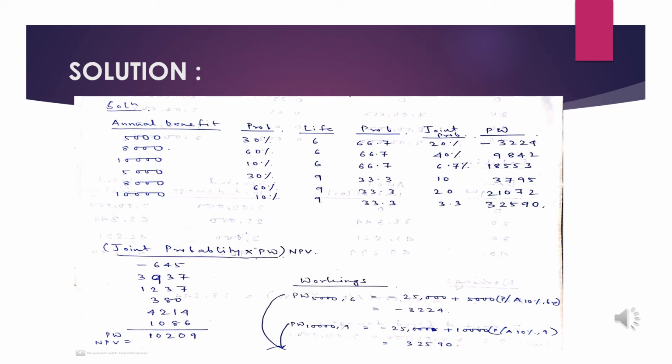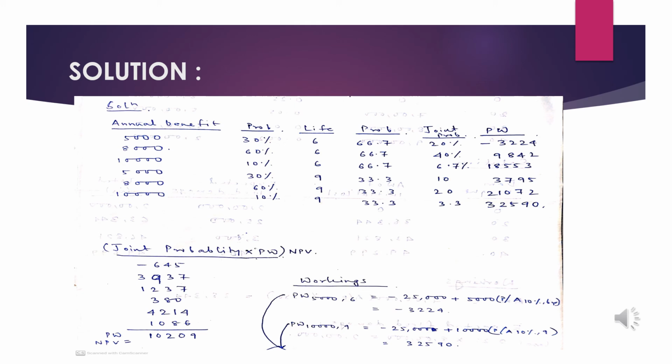Now what is interesting here is that the project life has been varied into 2 different lifetimes. What are the 2 different lifetimes? If we go back to the sum, it says a project life of 6 years is twice as likely as that of 9 years.